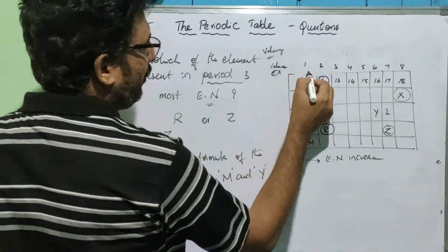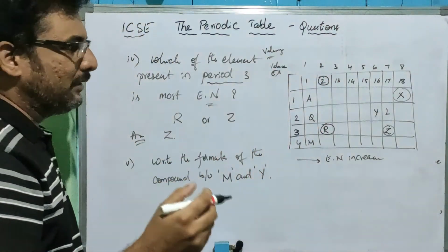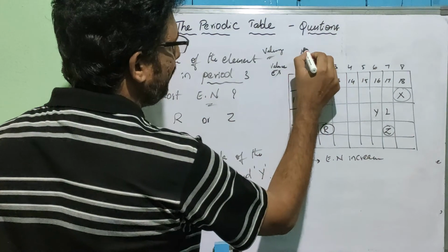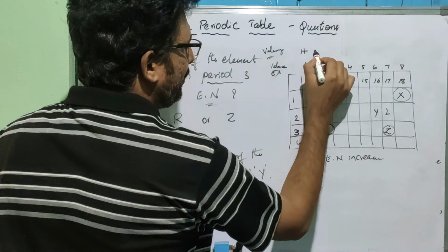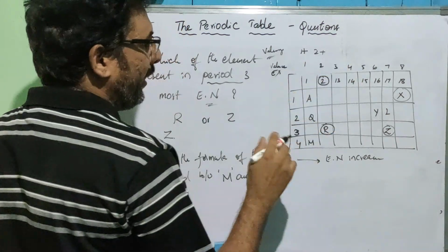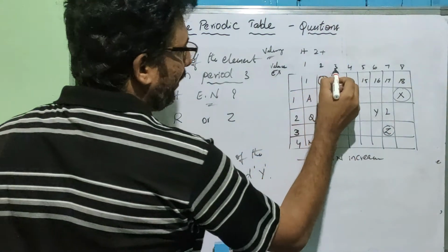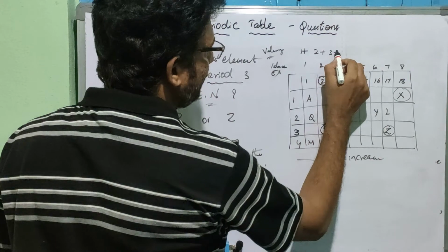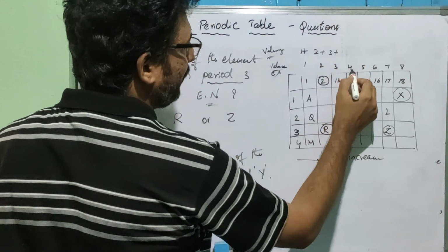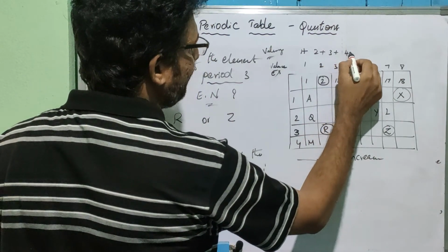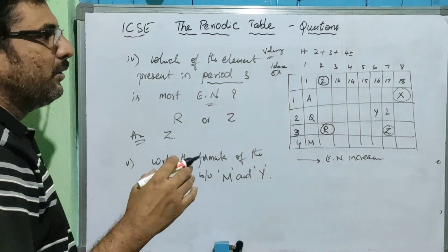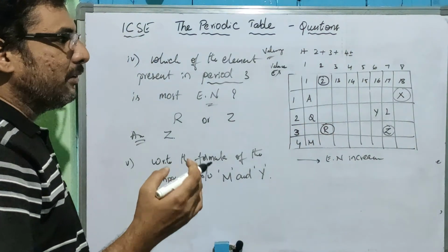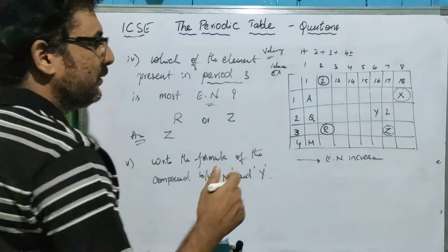Whenever an element has one valence electron, the valency will be 1 plus, and with 2 valence electrons, the valency will be 2 plus, except helium, and with 3 valence electrons, valency will be 3 plus, and for 4 valence electrons it will be 4 plus or 4 minus. But generally the elements which belong to group 14, like carbon and silicon, form covalent bonds.